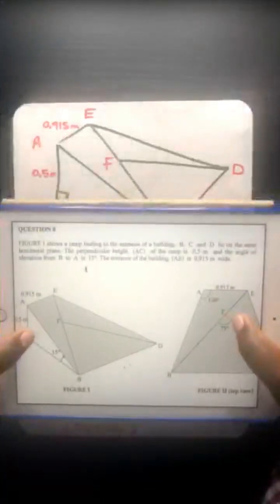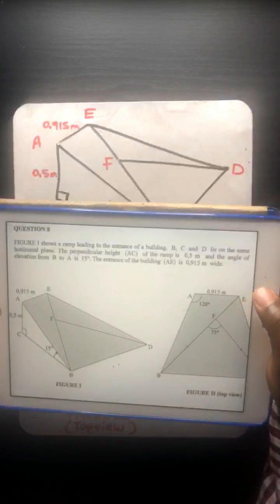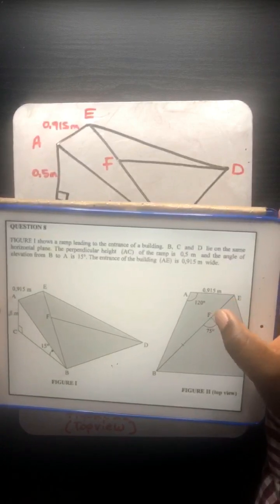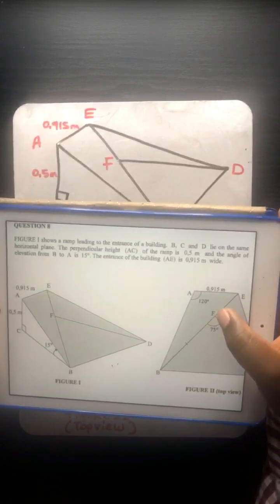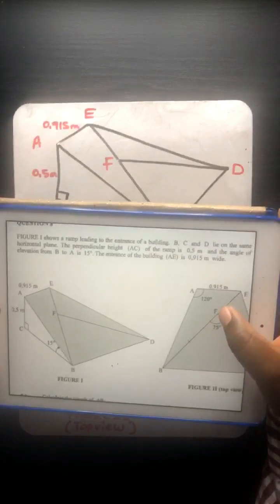Question number 8, it says, figure 1 shows a ramp leading to the entrance of a building. B, C, and D lie on the same horizontal plane. The perpendicular height, AC, of the ramp is 0.5 meters, and the angle of elevation from B to A is 15 degrees.